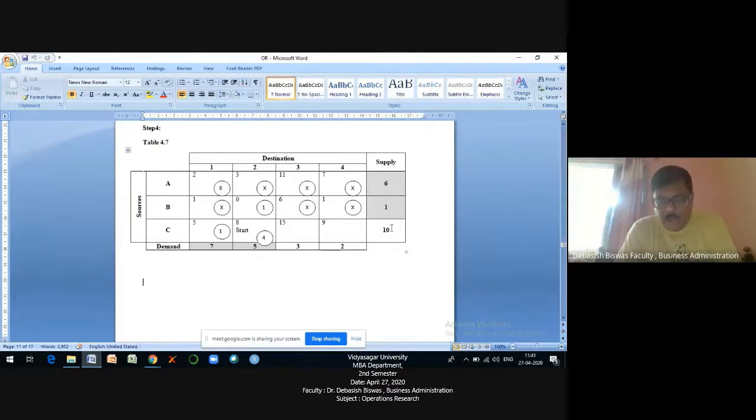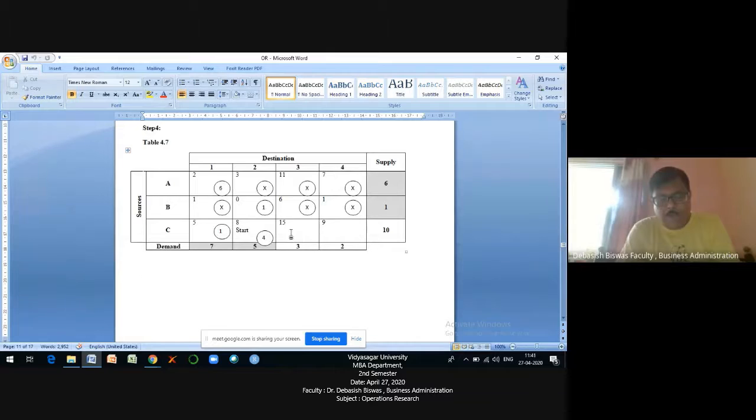So we are comparing: supply is 9, and demand is 4. So maximum we can allocate 4, right? When we have allotted 4, this column will be 0, because there is no demand left. We have already given 4 out of 4. So this column will be 0.